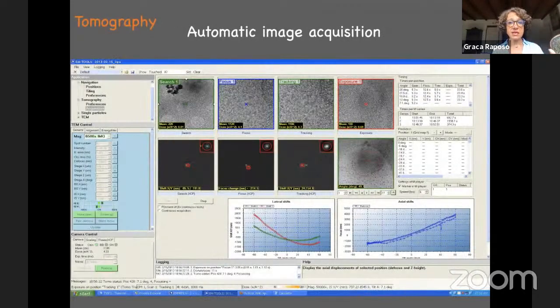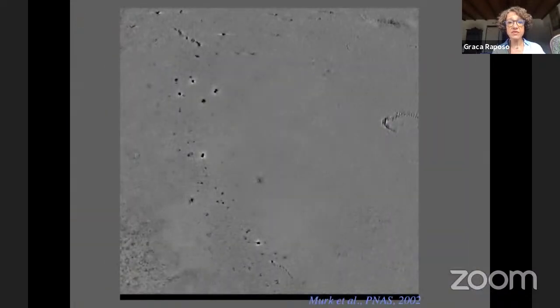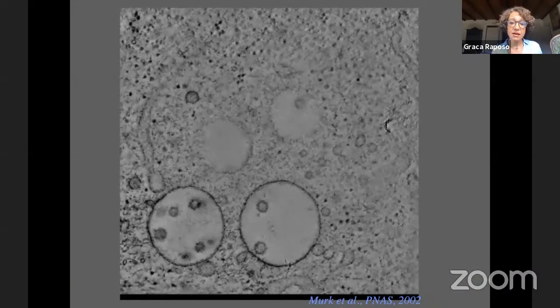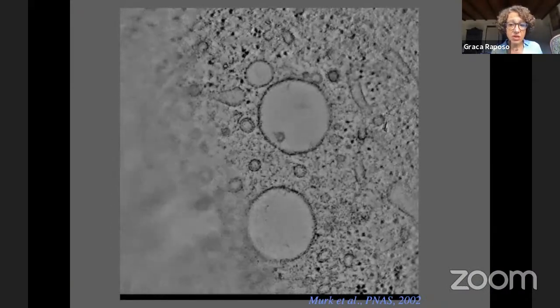So this is an example of an automatic image acquisition. You can leave your sample. Now the microscopes are equipped for that. And then you have a lot of treatment, of course, after that. This is one of the first examples used to study multivesicular endosomes.